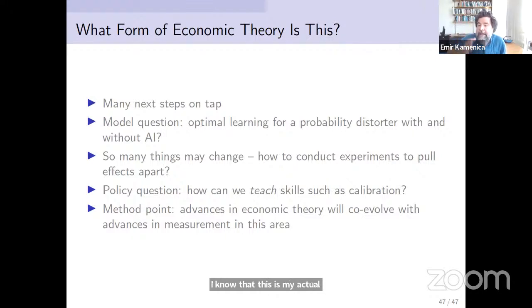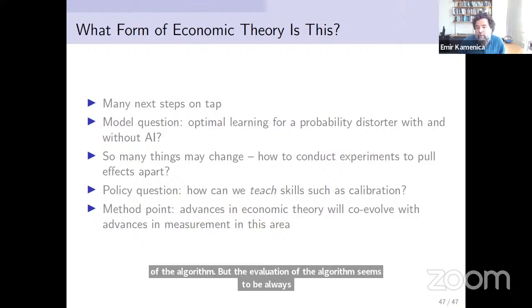Let me go and train the algorithm using various loss functions and use the predictions from those on the ground truth. So I don't know why we would ever do anything other. Choosing the loss function can just be specified as a part of the algorithm. But the evaluation of the algorithm seems to be always what welfare does it yield when applied?